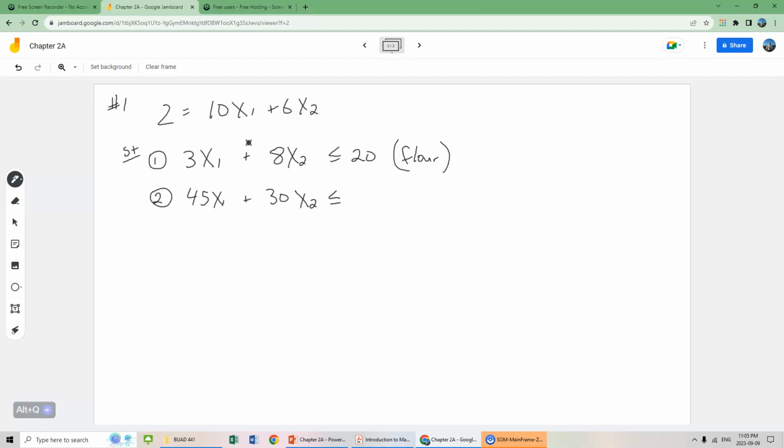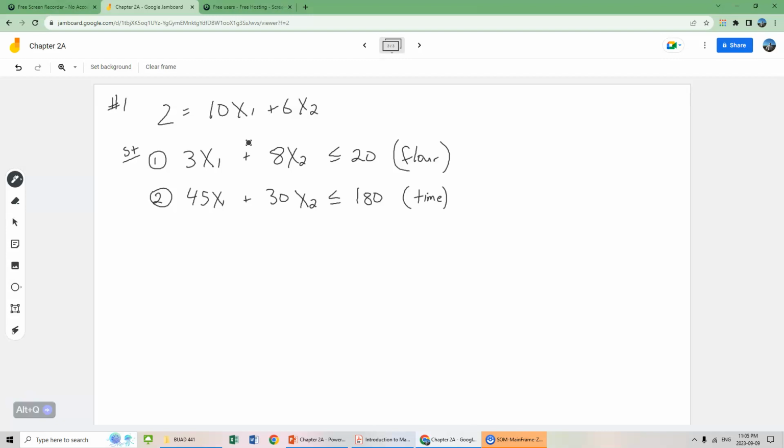Now we can't write 3 here because the variables are in minutes, so we have to write the right-hand side of the constraint in minutes. 3 hours times 60 is 180 minutes. This is the time constraint. And we have the non-negativity constraints that x1 and x2 have to be greater than or equal to 0.